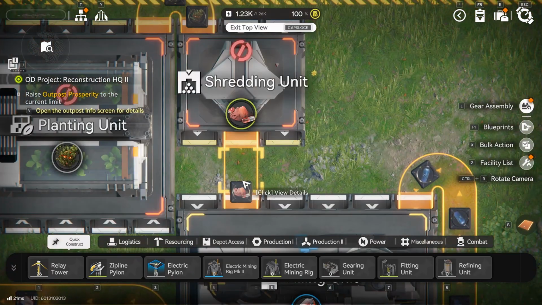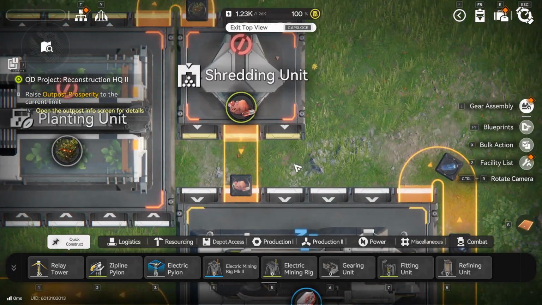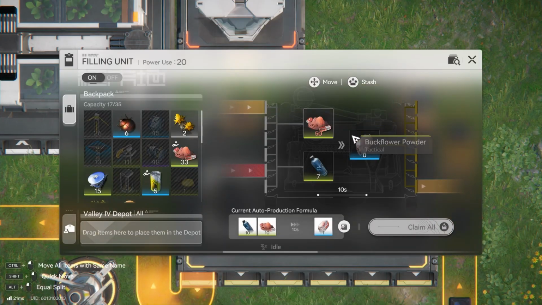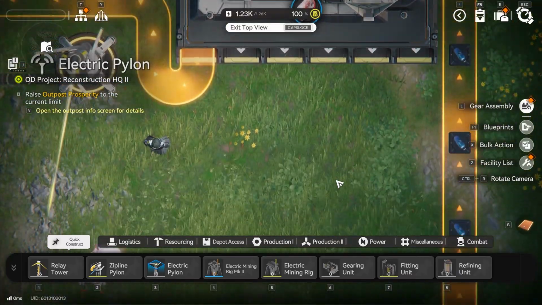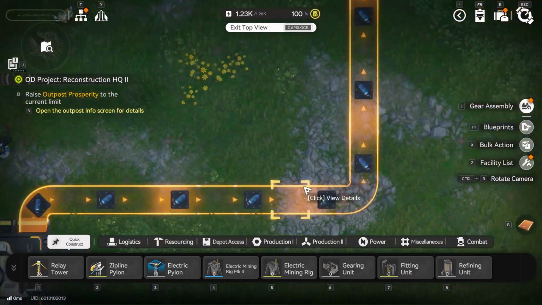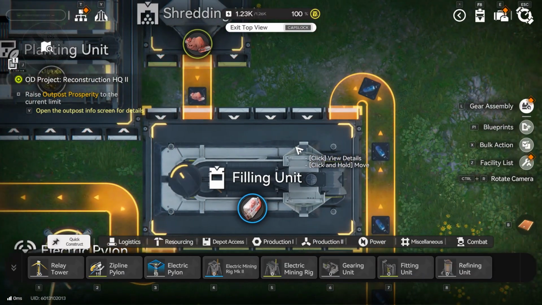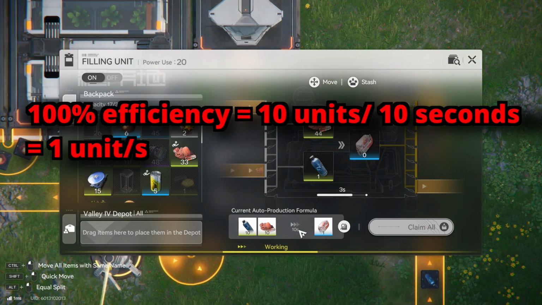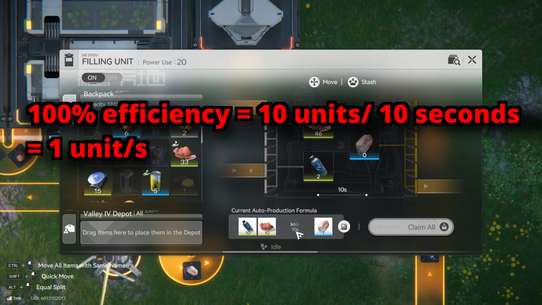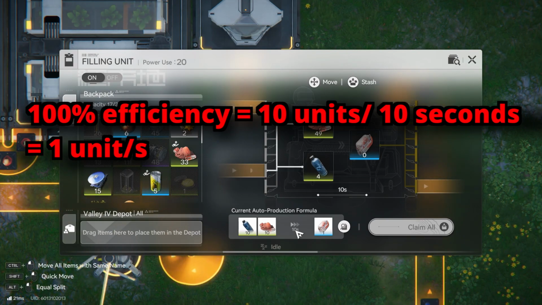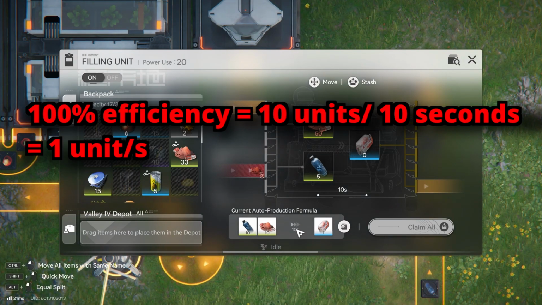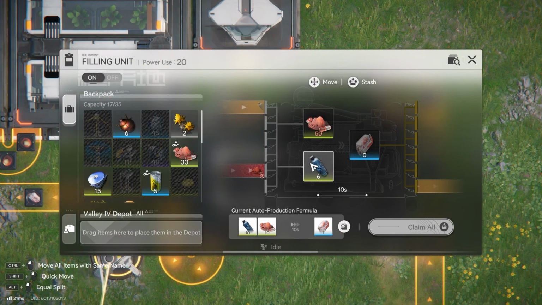But as you can see right here, sometimes the shredding unit isn't the only thing that's full. It's also the filling unit, at 50% maxed. And it has something to do with our molding unit. Our molding unit is currently outputting 0.25 units per second. But if you look at our 100% efficiency theory, the supposedly required amount is not 0.5, but 1 unit per second, because 10 divided by 10 is 1.